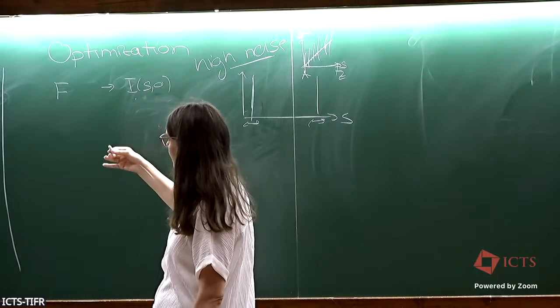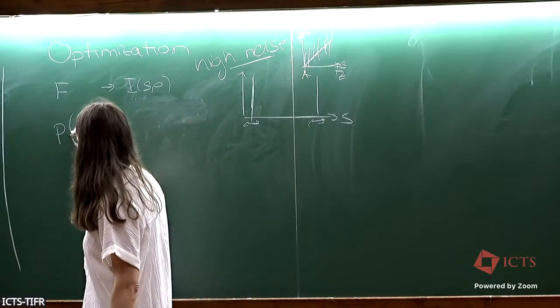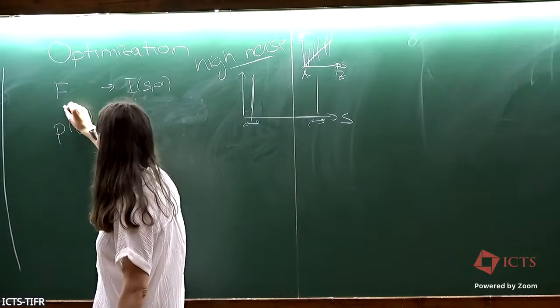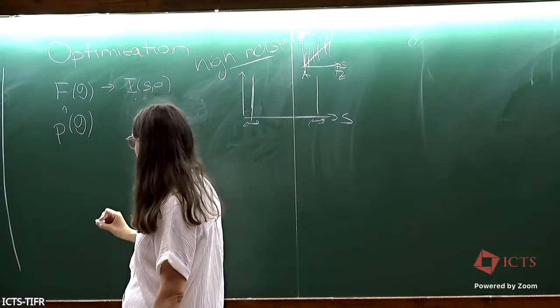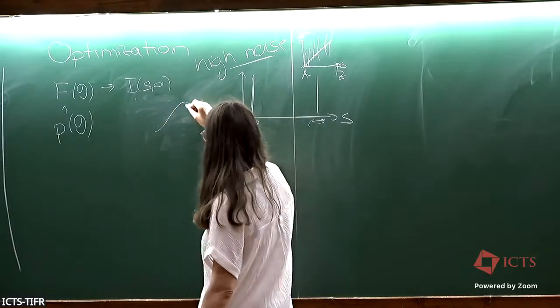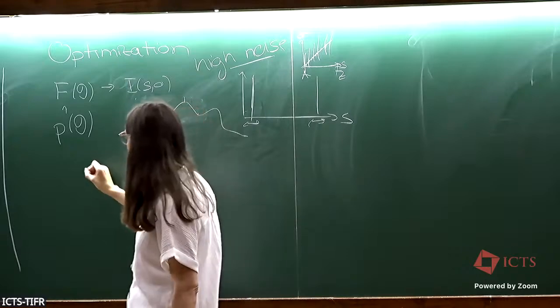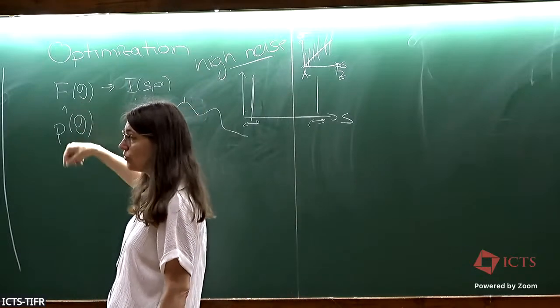So now what I can do is have a probability distribution of parameters that determines my cost function. And I can say that at an optimum, I can make an expansion of this F to second order.